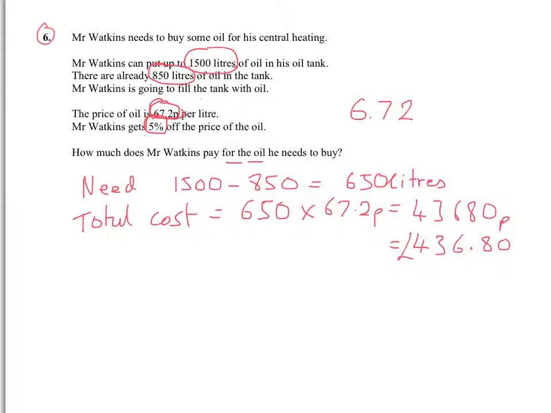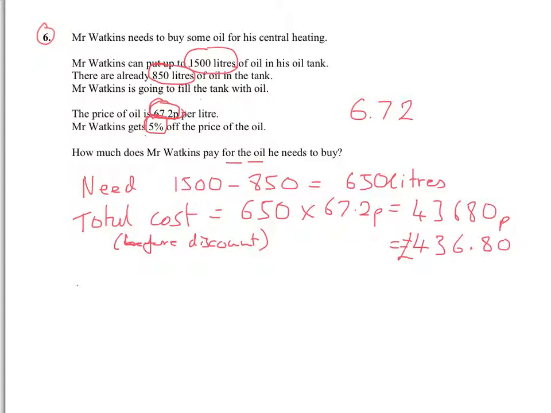So that is the price if he doesn't get his discount, so we might want to write down before discount. Again, apologies for the handwriting on this iPad, it's a bit difficult to make anything neat. So we want £436.80 and we want to take away 5%.